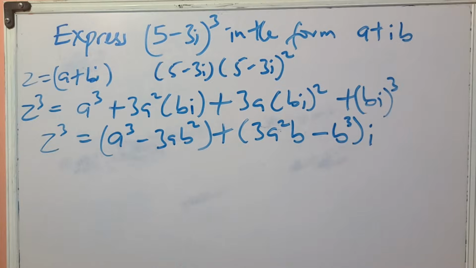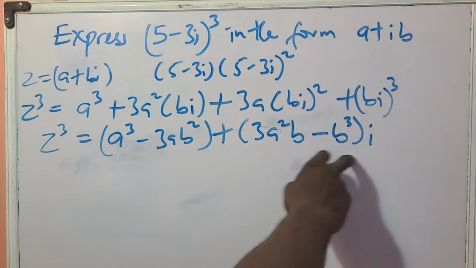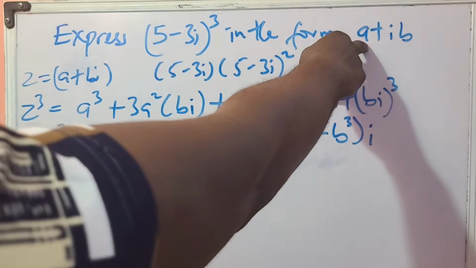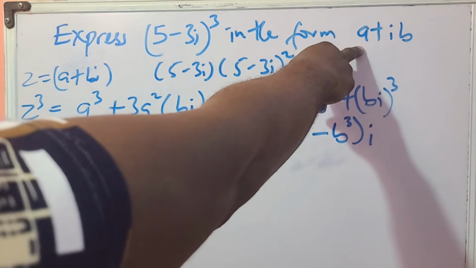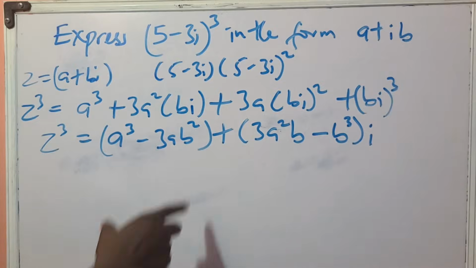So look at what we have here now. We can easily go on to apply this. This is for the real part, and this is for the imaginary part. When you're trying to bring this into the form a + ib, a is the real part, b is the imaginary part.